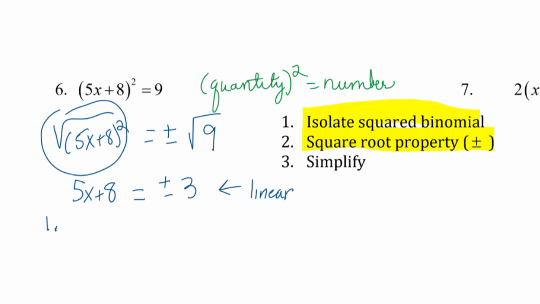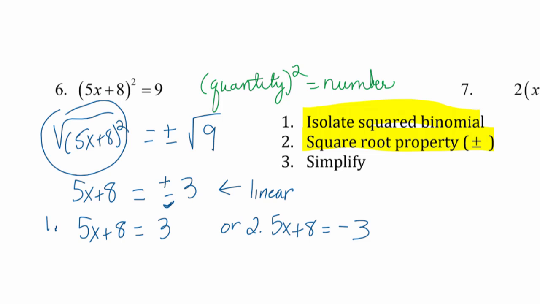The first equation is 5x plus 8 equals a positive 3. And the second equation is 5x plus 8 equals a negative 3. Those two equations came from the plus or minus on the 3, from the square root property.